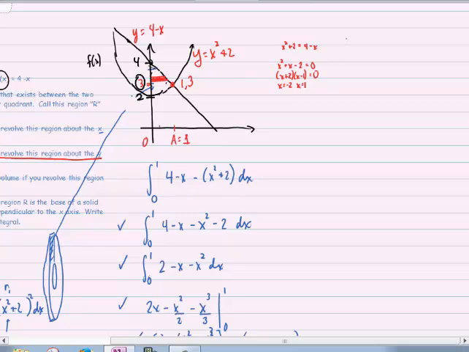And the two integrals will be for the, well, I'll just draw the section. This is at 3, this is at 2, this is at 4, and the top section is going to consist of using the function 4 minus x, and the bottom function is going to consist of using the function x squared plus 2. So I'm going to construct my two integrals.